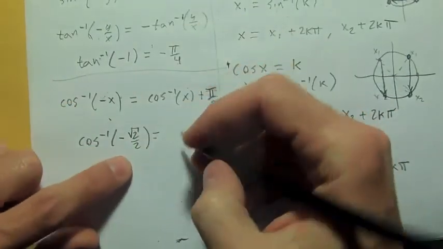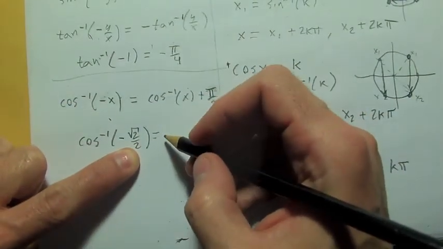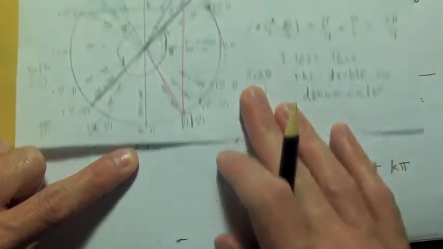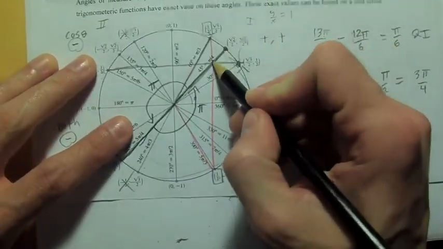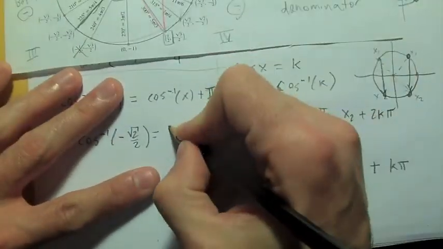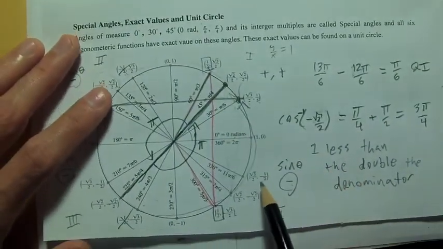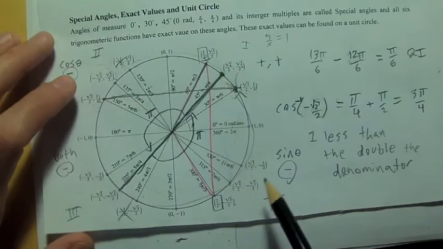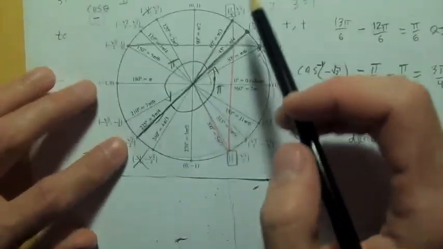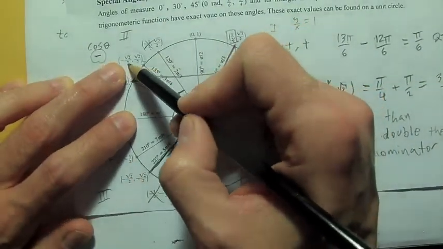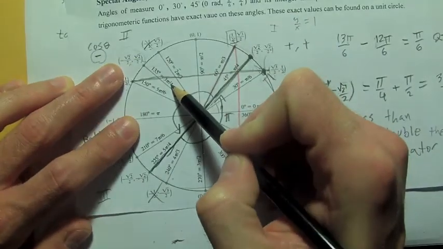Now cosine inverse of square root of 2 over 2, the positive one, is pi over 4. Right? But the negative one, negative square root of 2 over 2, is actually over here on the unit circle at 3 pi over 4.